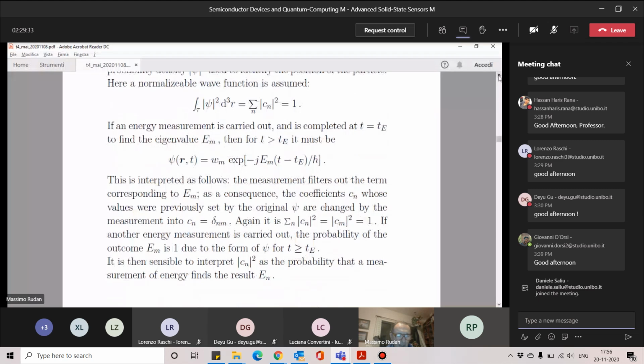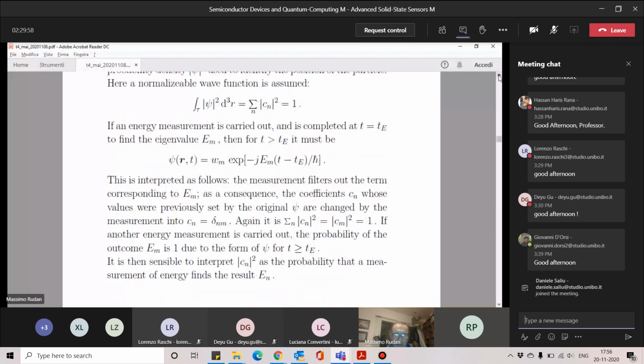Why may we say so? Because the square moduli of the Cn add up to 1. And of course, we know that when we measure, we must find either one or another of the possible outcomes. So the sum of these numbers must be equal to 1. That is certainty.